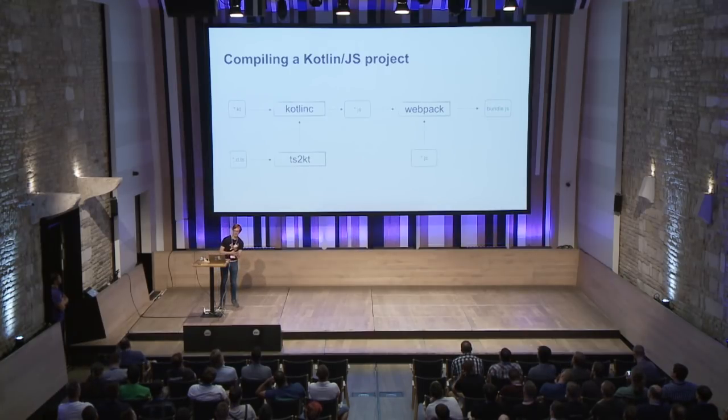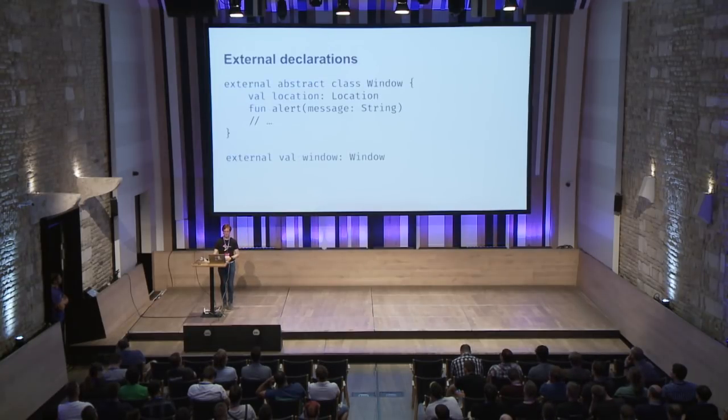So once you take those declarations and produce JS code, then you use regular tools like Webpack or whatever you use for front-end development to package this to a bundle and run, or to embed this code into your JavaScript app. And this is basically the type of stuff that TS2KT produces.